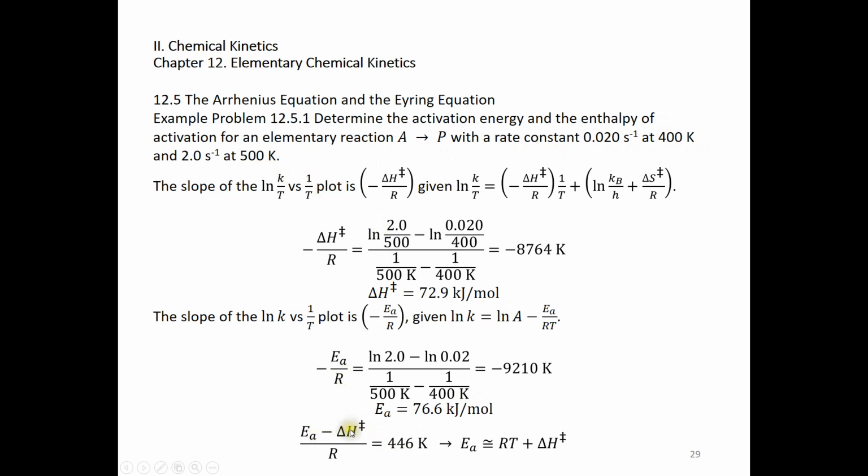So the difference between activation energy and the enthalpy of activation is roughly RT at a temperature between 400 Kelvin and 500 Kelvin. Again, we verify this equation numerically. The activation energy is approximately equal to RT plus the enthalpy of activation.